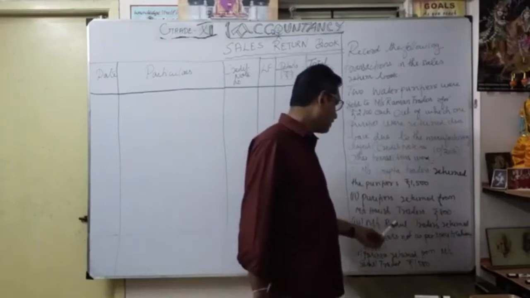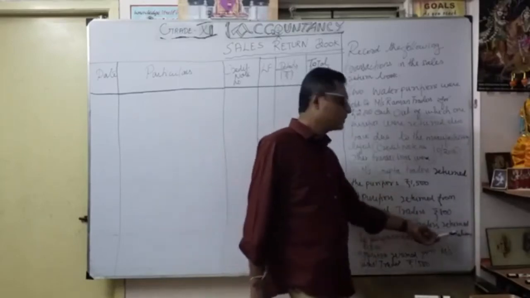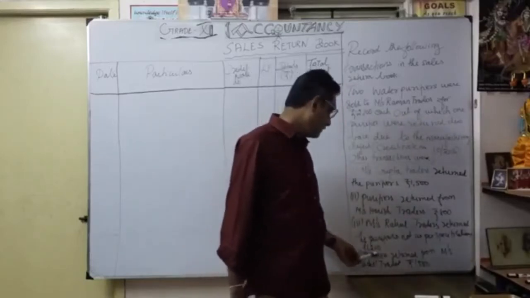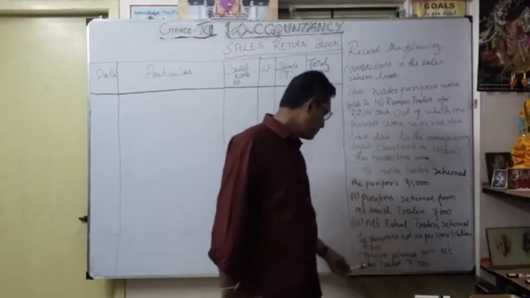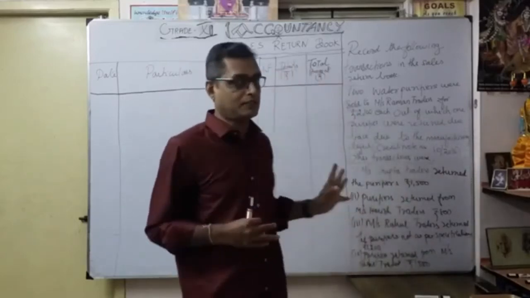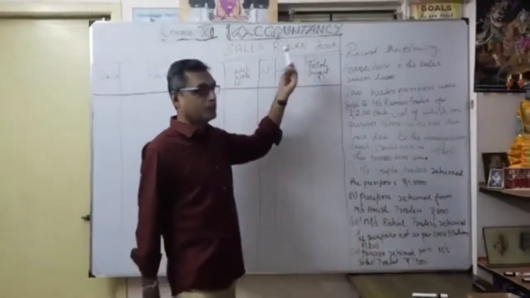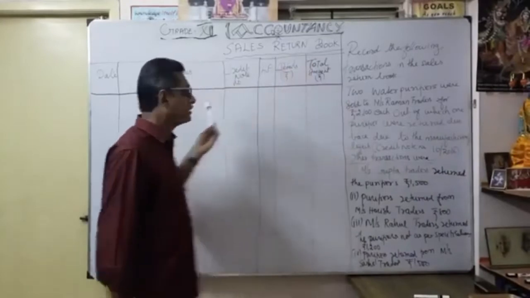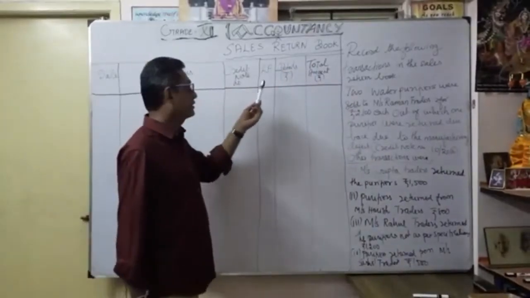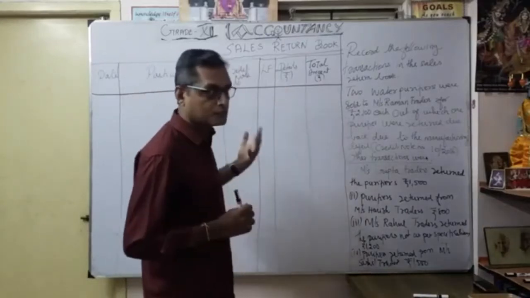Then Rahul Traders returned purifiers not as per specification, value 1,200. Then purifiers returned from Sushil Traders 1,500. Based on this information, we want to record in the sales return book. We write in the sales return book format, as you know: date, particulars, credit note, ledger folio, details, total amount. Now we can do it one by one.